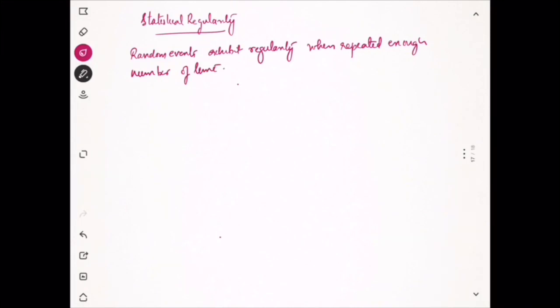For example, you know that we have a sample space, for example, tossing a coin. In tossing a coin, we have a sample space head and tail, and we know that the probability of head is equal to the number of favorable outcomes for the head, that is 1, and there are a total of 2 outcomes, so the probability of head is 1 over 2, and the probability of tail is also 1 over 2.